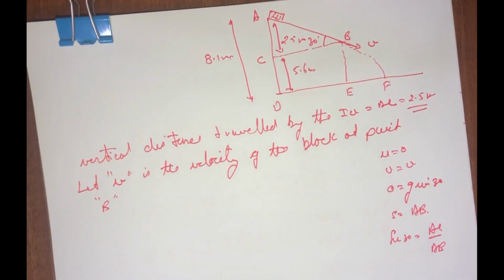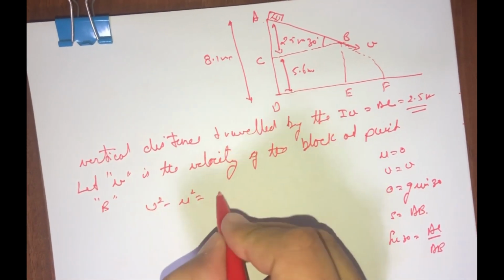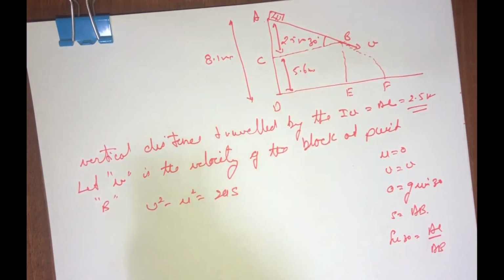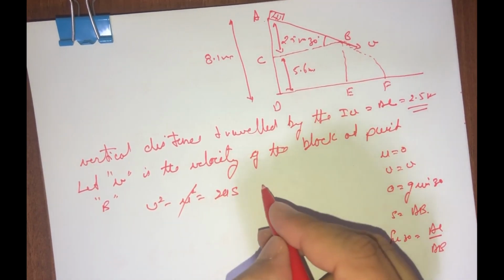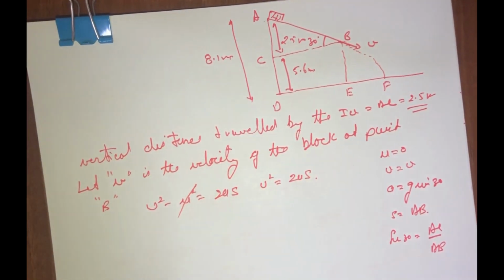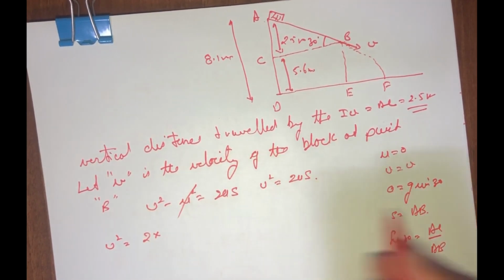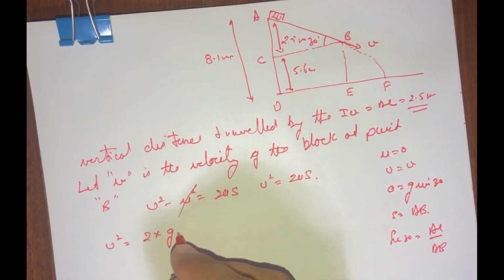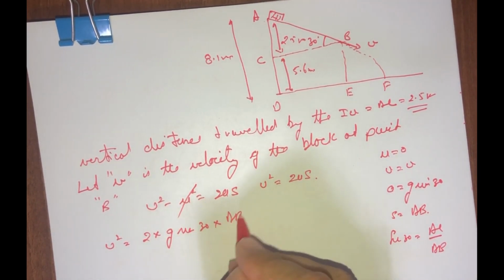So we are going to use the formula V square minus U square is equal to 2aS. U is 0, so this cancels out, and we get V square is equal to 2aS. So V square is equal to 2, acceleration is g sine 30, and S is given as AB.